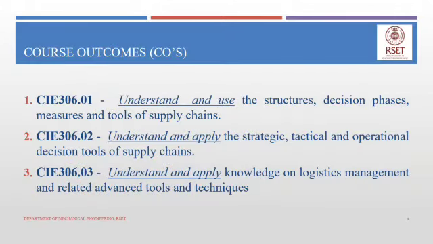Now, the course outcomes expected at the end of this particular course are divided into 3 course outcomes. The first course outcome expected is the ability to understand and use the structures of supply chains, the various decision phases, the various measures and tools used to measure the performance of supply chains.